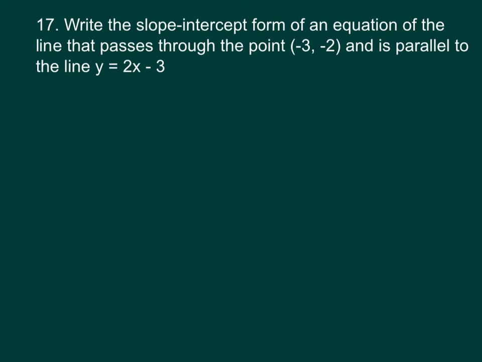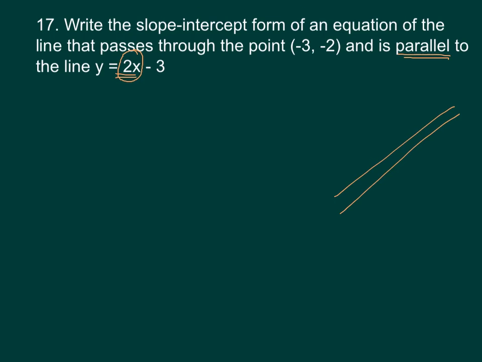Question 17 is just a little bit different, and the key is in the word parallel. If we look at parallel lines, they all have the same slope. So if I have an equation for a line y equals 2x minus 3, then I know that a line that is parallel to it will also have a slope of 2.